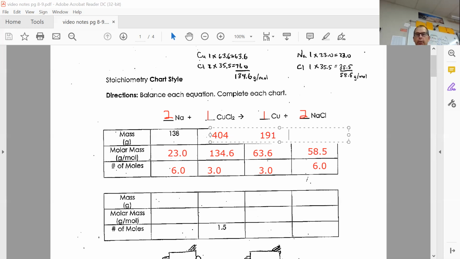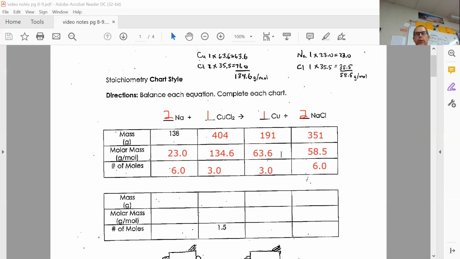And I carry that through, and I take 6 times 58.5. I'm going from bottom to top, and I get 351. Okay, so now I've solved these things in one quick step. 3 times 134.6 is 404, et cetera, going up. All right, so now I've completed the box.